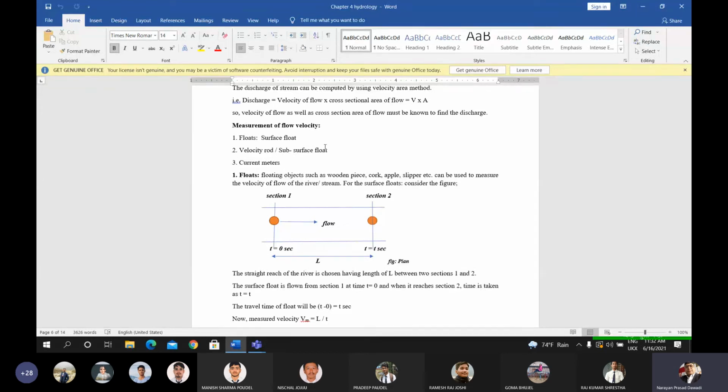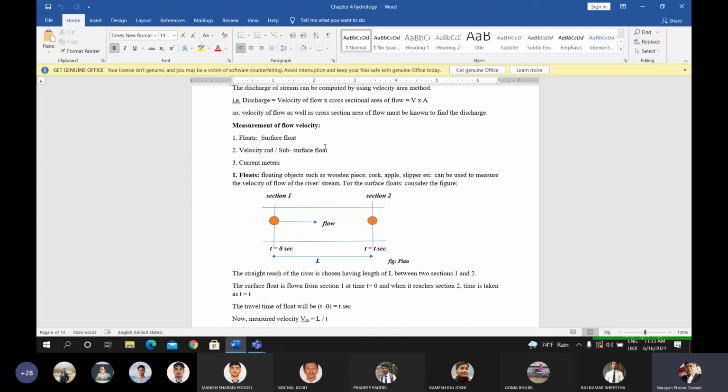The distance between section 1 and section 2 is measured by using the tape. These two sections are separated at a distance L meter apart. You know the length between the two sections, and you know the time of travel of the float from one section to another using the stopwatch.